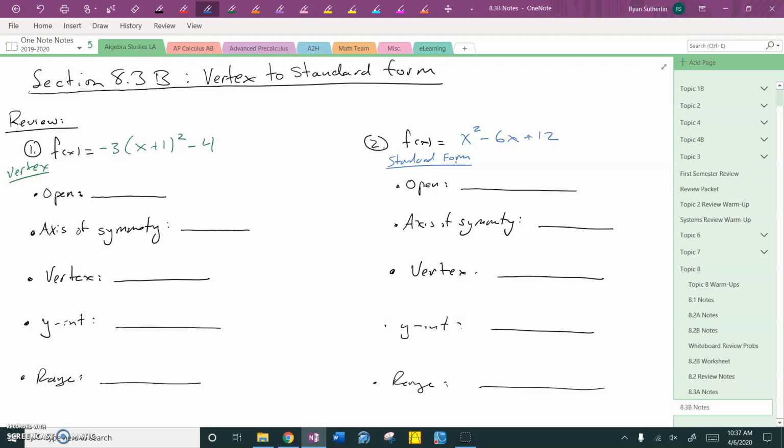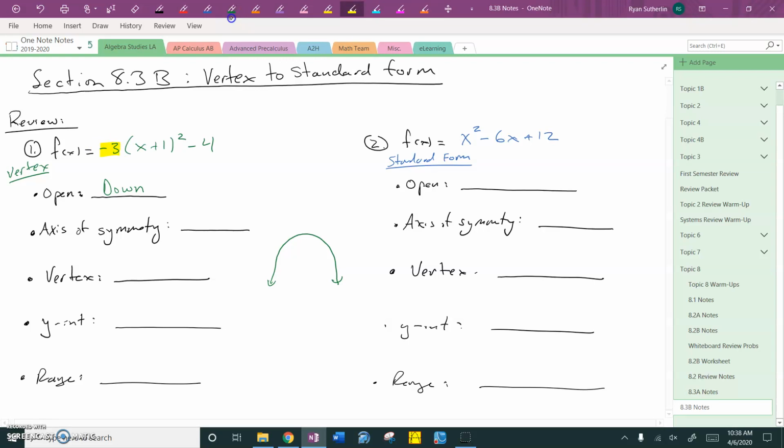Okay, we're back. So let's do everything with the vertex form first. I'm going to go maybe in a different order than what you see here. First thing I know is that this is a parabola that opens down, and I know it opens down because of the -3 out front here.